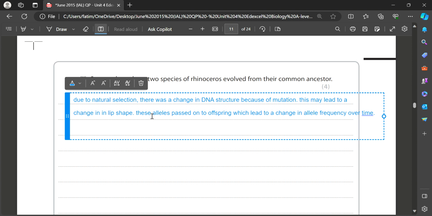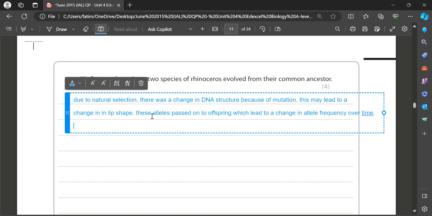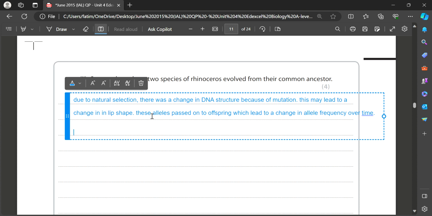Okay. Then over time, it led to speciation, because they're two different species now. Speciation as they became reproductively isolated. Why did I say that?